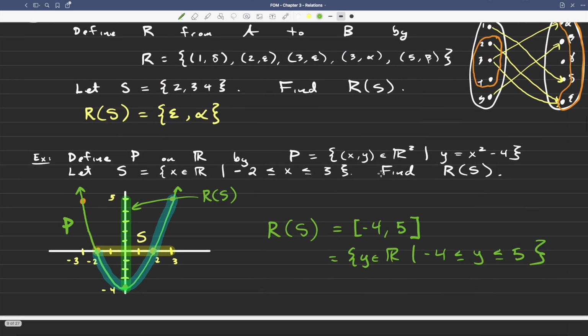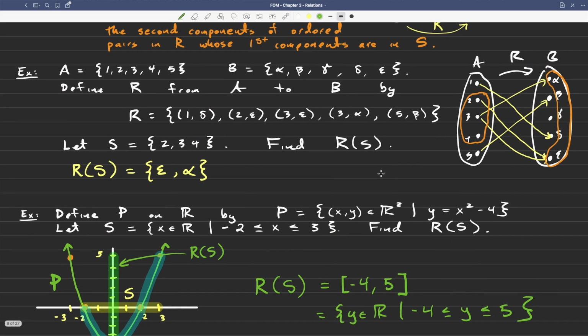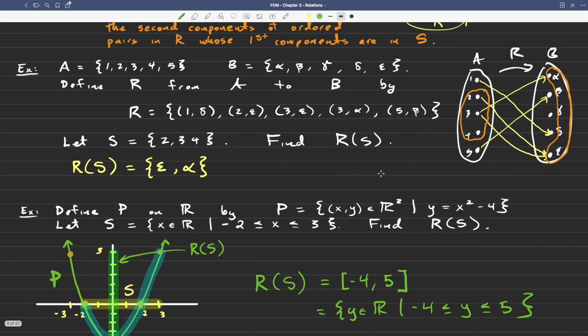Okay, so that's image. So essentially, with image, someone is specifying what some first components are, and you have to tell me what are the second components that get paired up with those specified first components.